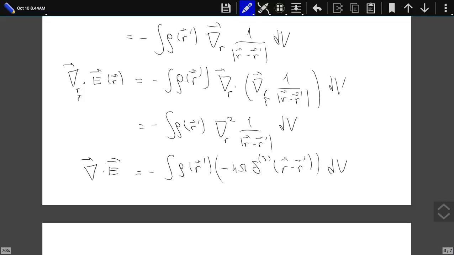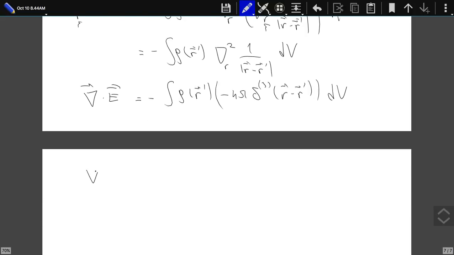For example, here I will not drop it because I'll be taking the gradient with respect to r or r prime. That's kind of ambiguous, so I will keep that r over there. But on the left-hand side, the electric field is a function of r only, because we have integrated over r prime. There's no r prime dependence left. So I can just drop it.